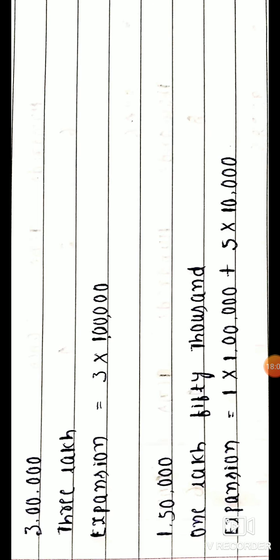Next one, 3 lakh. You have to expand this in the form of place value. So first you have to write 3 lakh in the form of words, that is 3 lakh. Then expand by using place value, that is 3 into lakh, that is 3 lakh.